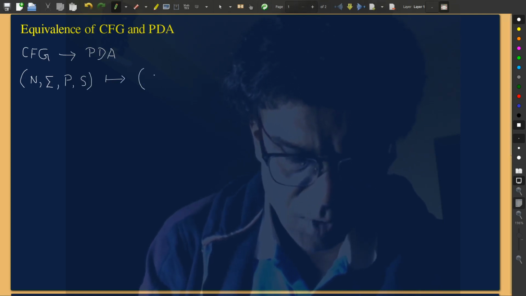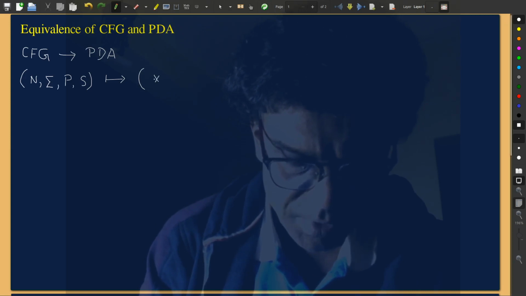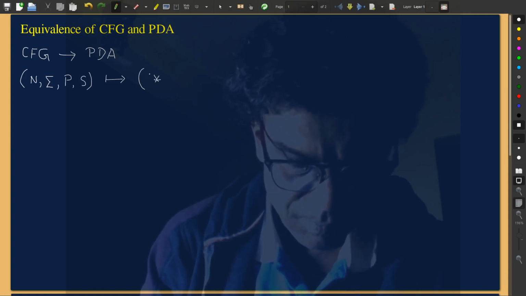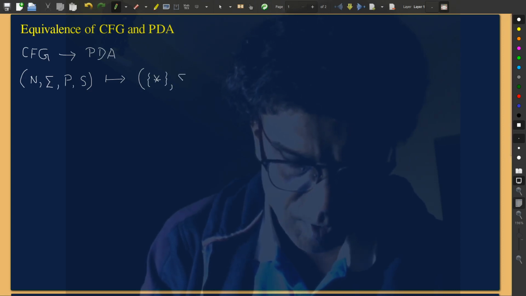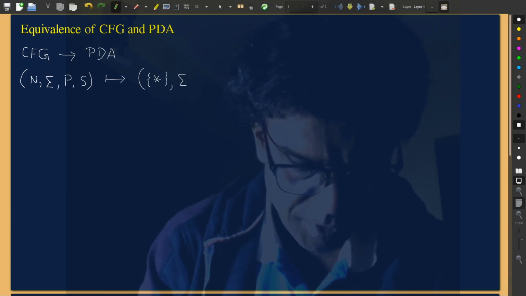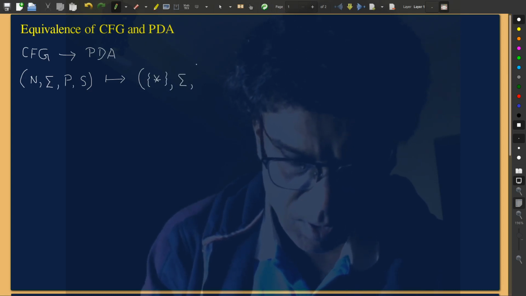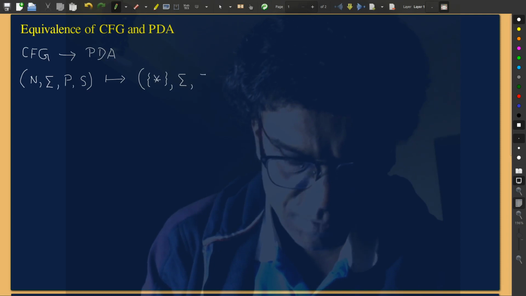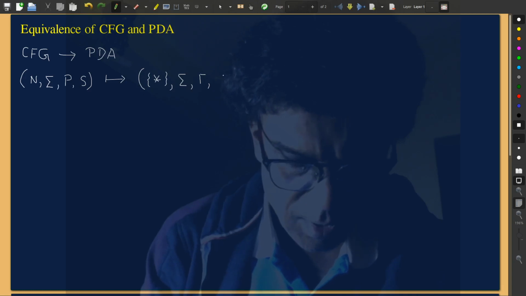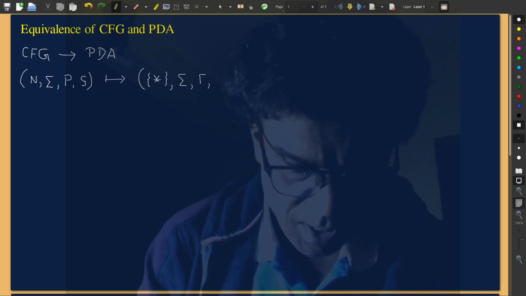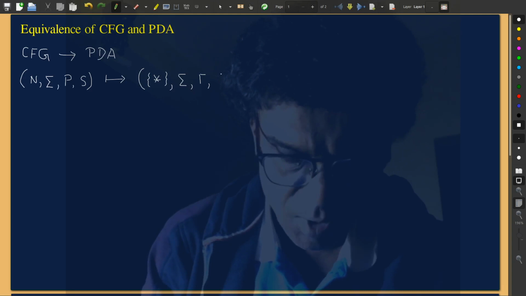This PDA is going to have only one state. I may denote this by a star. Of course, the input alphabet is the same as this sigma. Gamma I have to define a little later. I will use this S as the start symbol.